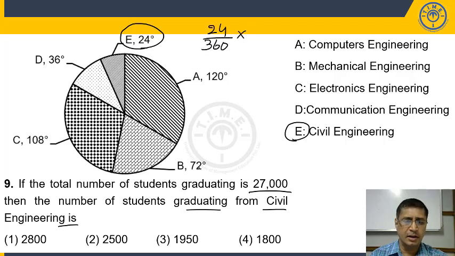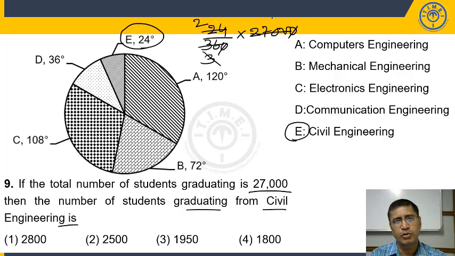What is the total number of students? Total number of students here is 27,000. Now simplify. What is the cancellation? 0 to 0 we can cancel. 12 is 2 times and 3 times. 3 goes exactly how many times in 27? 9 times. So 900 into 2 is 1800. So what is the right answer? Choice 4. Option 4 is the answer for this example.